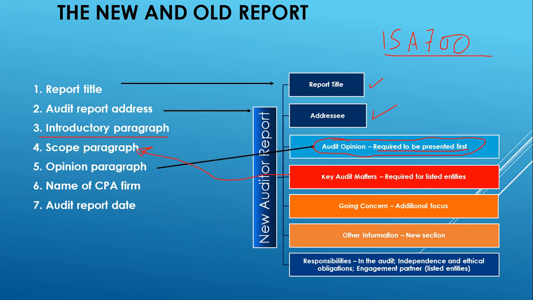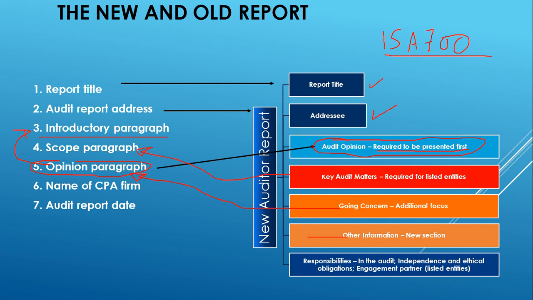Also the going concern was in the old report, discussed after the opinion paragraph. Other information also. See here there's a switch between the opinion paragraph and the introductory paragraph.